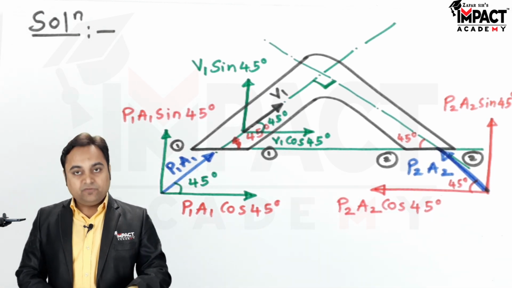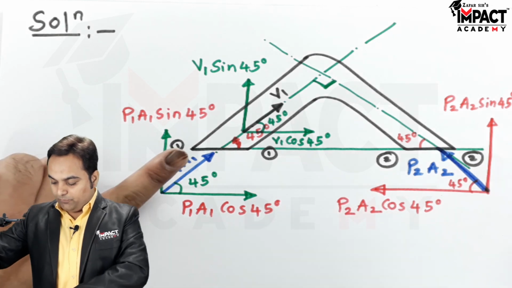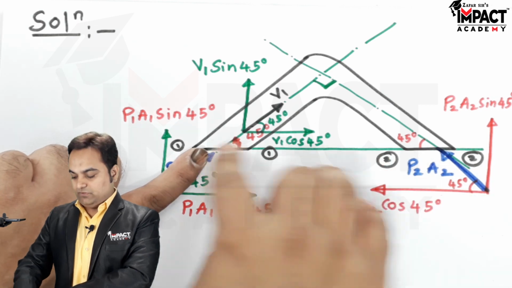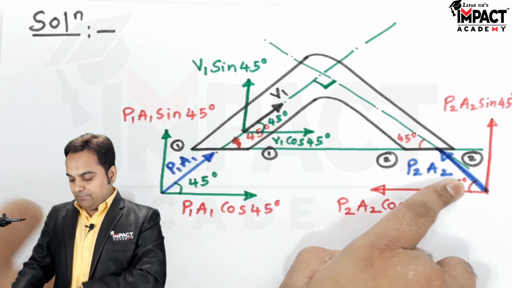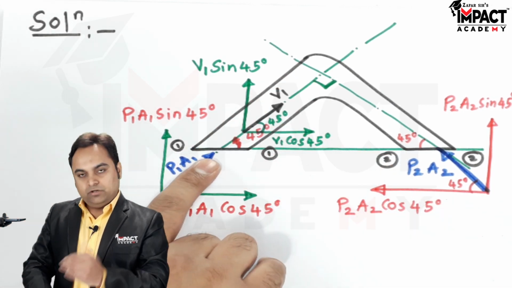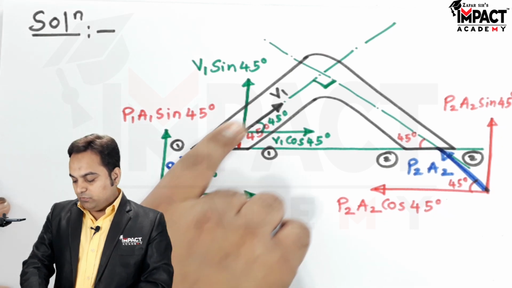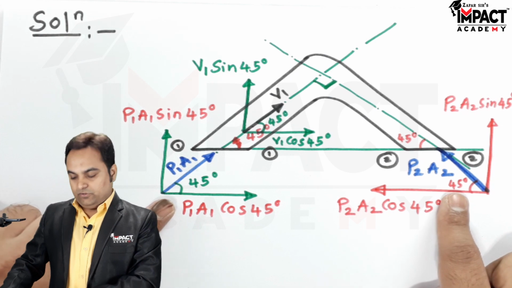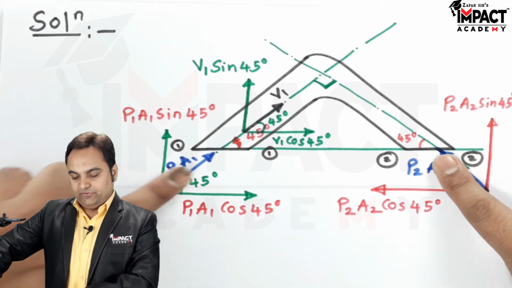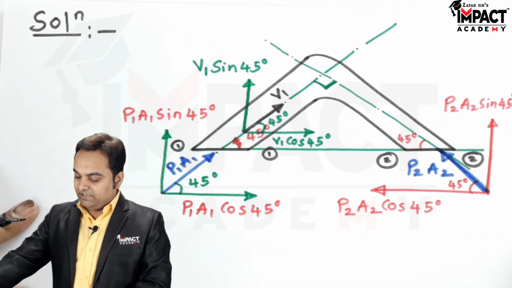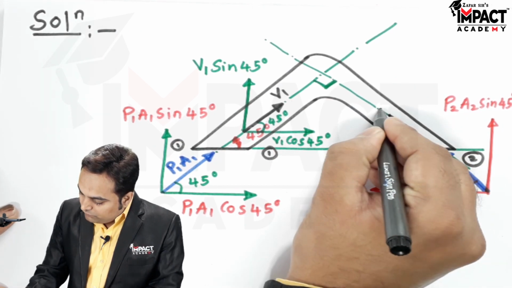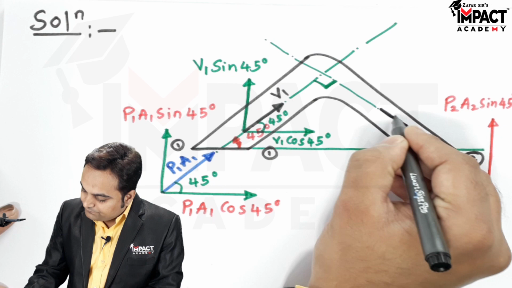Then the velocity. Now the pressure force has to be in the opposite direction, as we can see here, but velocity would be in the same direction when the flow is happening, because the water or the oil, the liquid, would be flowing in this direction, but it is flowing due to the pressure difference. So pressure forces are to be opposite, but velocity should be in the same direction. So here the velocity at section 2 would also be inclined.